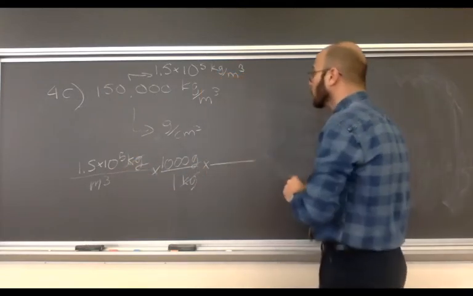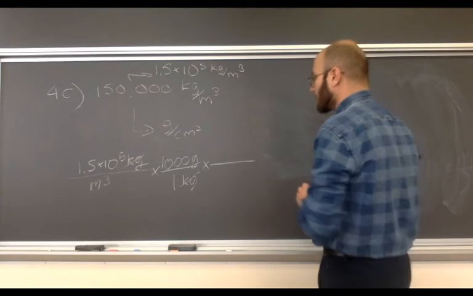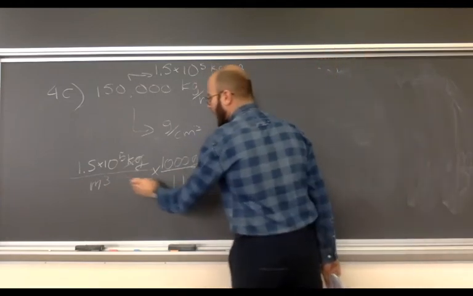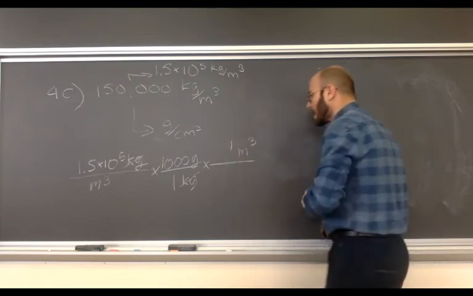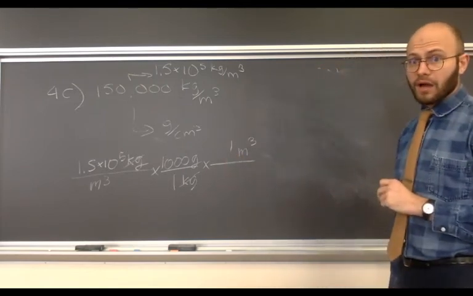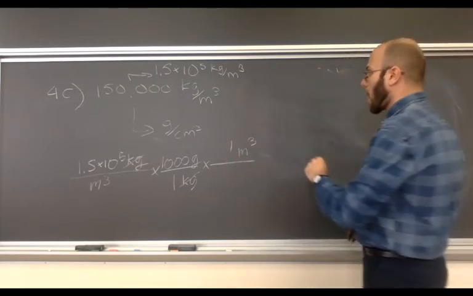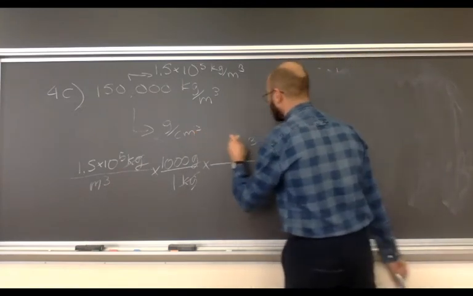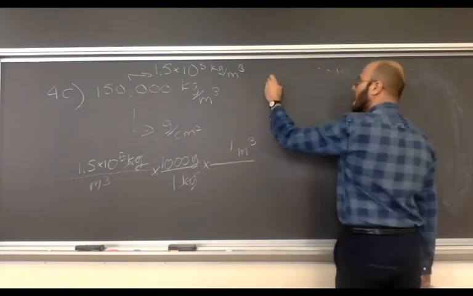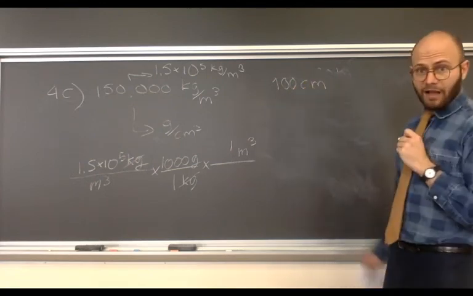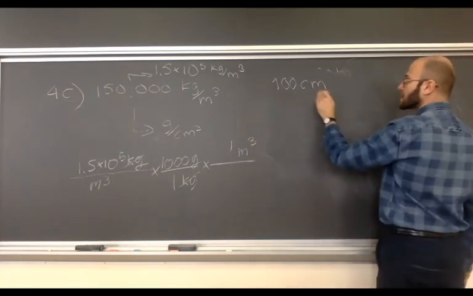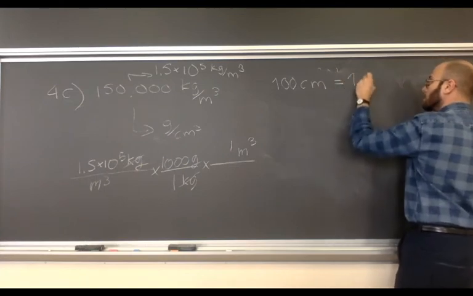Now let's begin to look at the units that we have down here. So we know that we want to get rid of one of these meters cubed, but we also want it in terms of centimeters cubed. So let's take a quick pause and look at the relationship between those. We know, because it was on the back of the test, that 100 centimeters is equal to 1 meter.